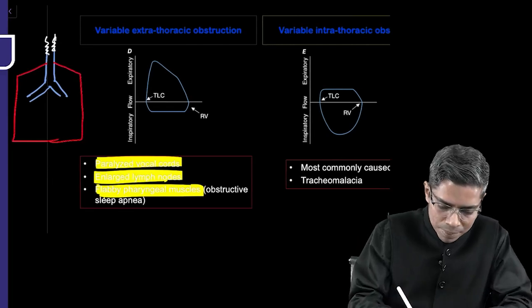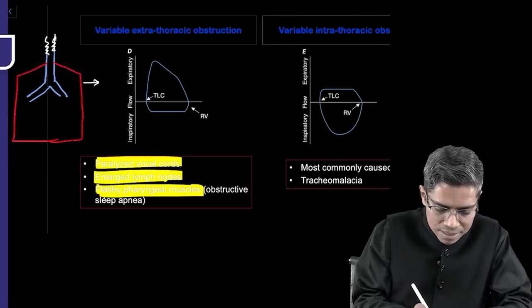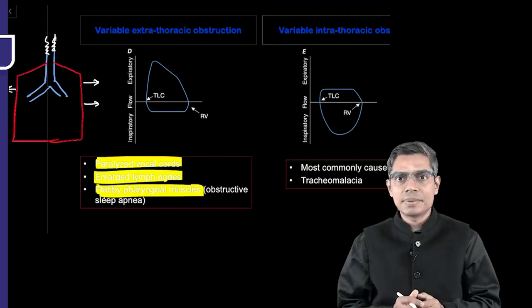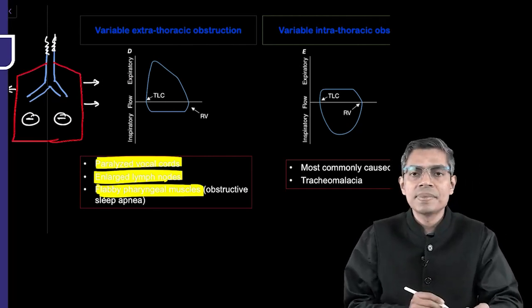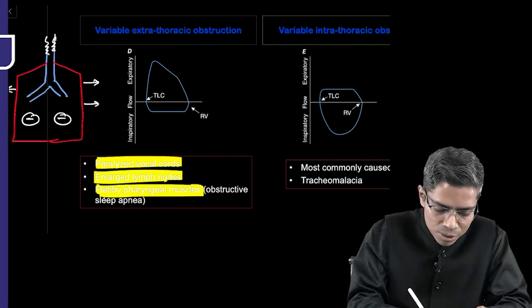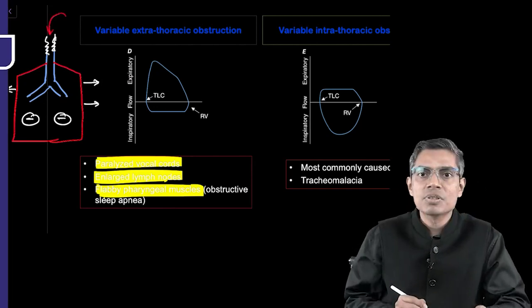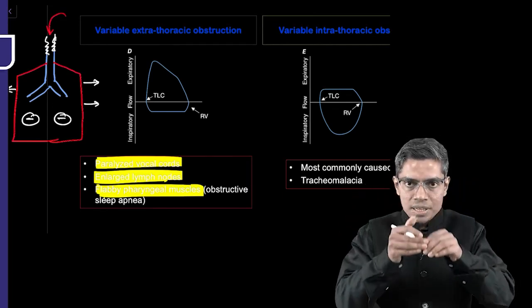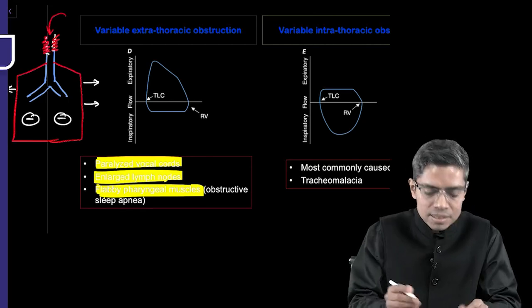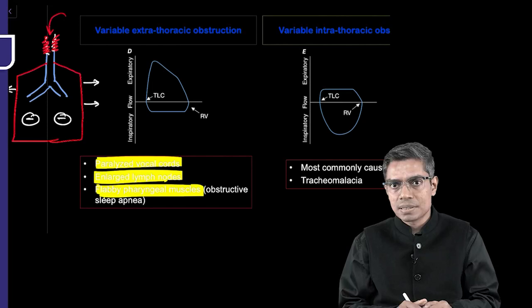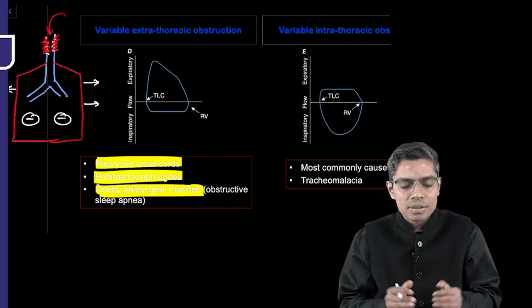So if the person is taking an inspiration, there will be expansion of this thoracic cavity. There will be more negative pressure inside this thoracic cavity. That negative pressure will try to suck the air from the atmosphere. Whenever it is trying to suck air from the atmosphere, if the muscles are flabby, if the muscles are soft at the level of this trachea or bronchus, what will happen?